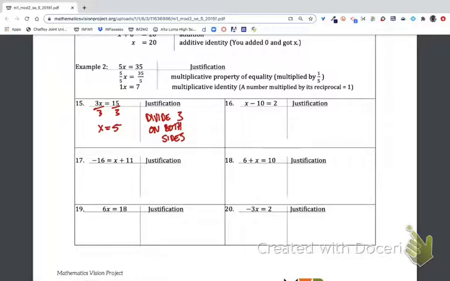And for number 17, we're just going to use those inverse operations. And for number 19, again, just using those inverse operations.